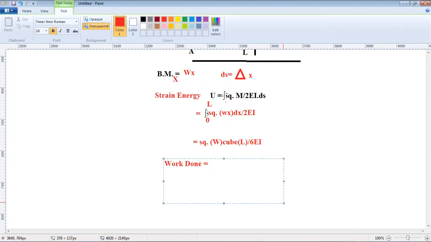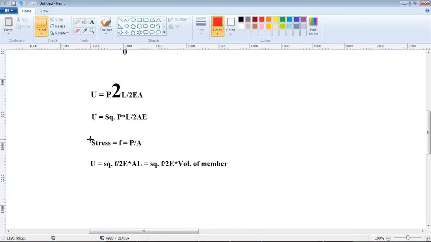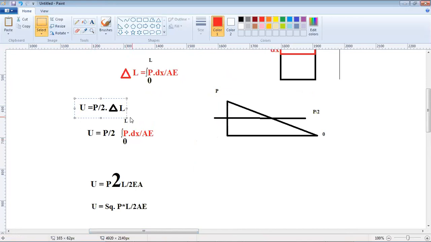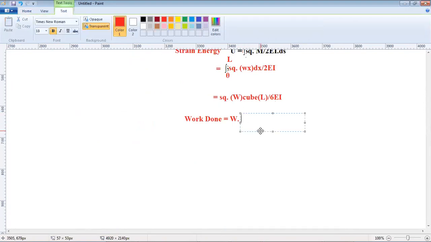We have just seen the average work done is W into W by 2 delta L. But you also have to take care that you are determining the work done at the end.